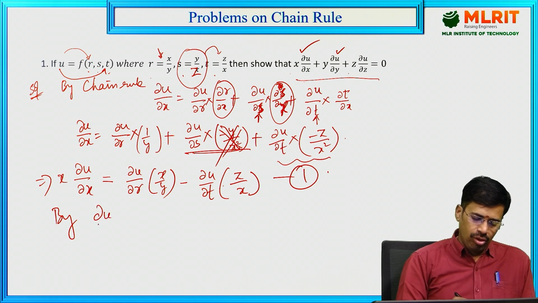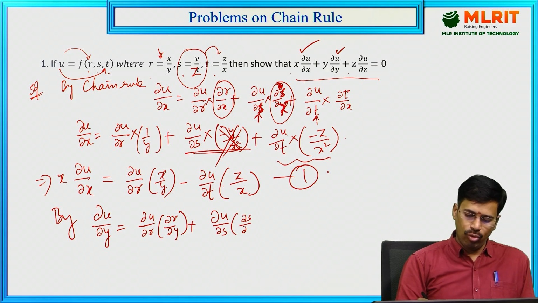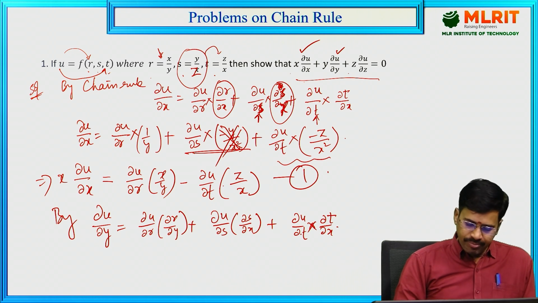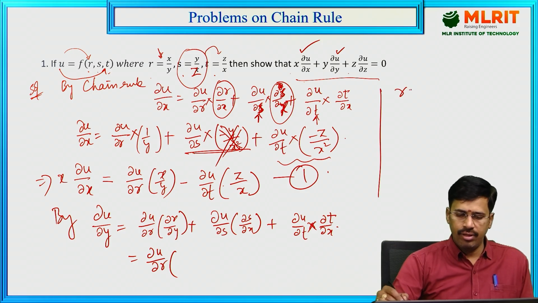By chain rule, ∂u/∂y can be written as ∂u/∂r into ∂r/∂y plus ∂u/∂s into ∂s/∂x plus ∂u/∂t into ∂t/∂x, right? ∂u/∂r, what is ∂r/∂y? r is given as x/y.